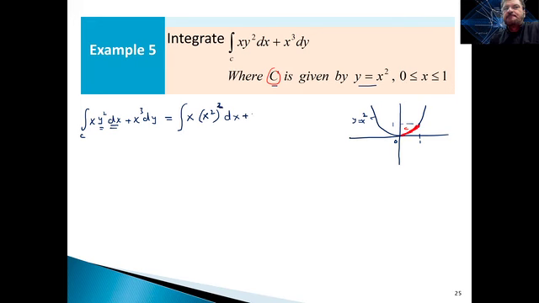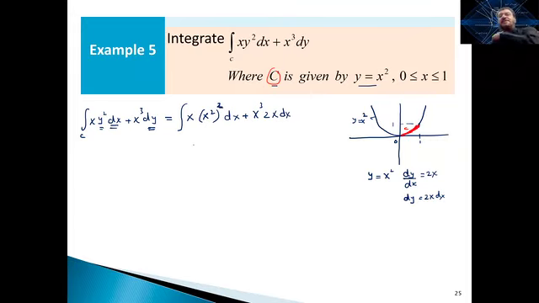Plus x cubed, no change. I'm just playing with y. dy. What's dy, guys? If y is equal x squared, so dy over dx is what? 2x. Bring dx here. So dy is 2x dx.